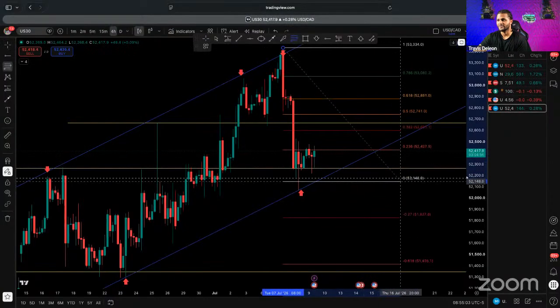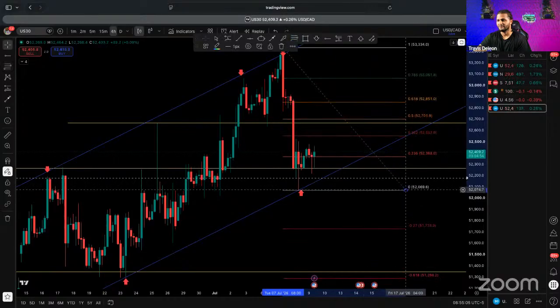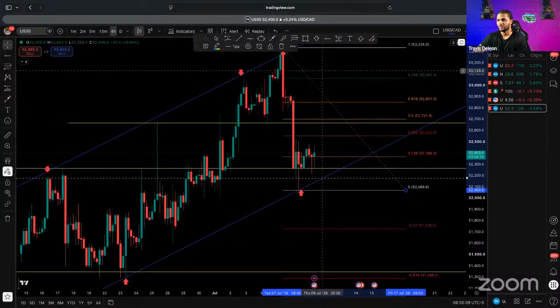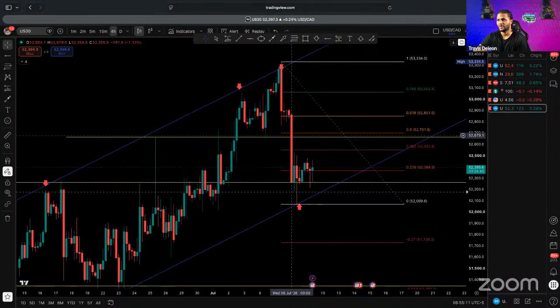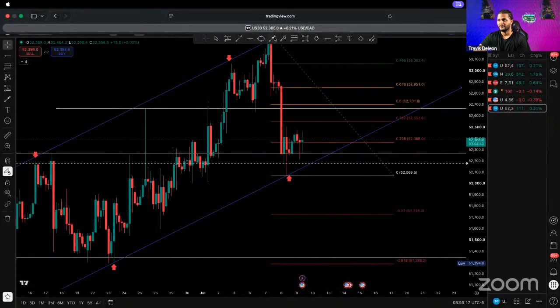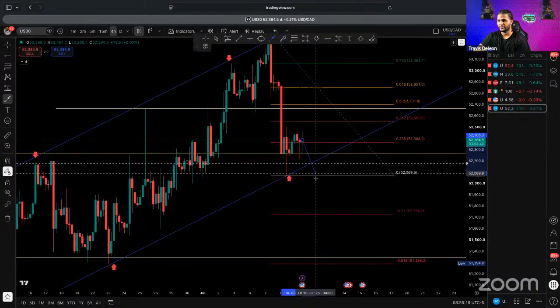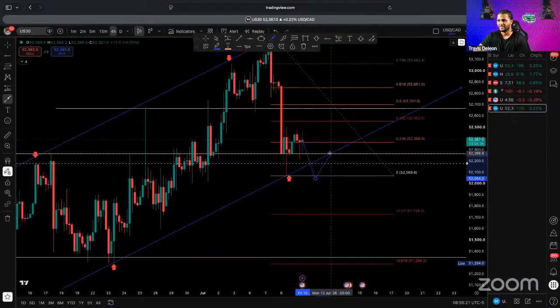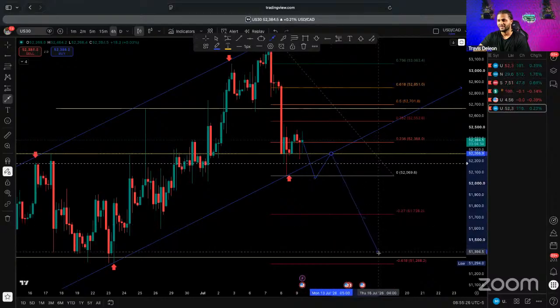I mean, we could use a fib and say price may come back into this daily supply and demand zone. So who knows? Let's see. I'm not looking for that right now. I'm looking for the breakout on a 4 hour time frame. Break under, close, come back and retest that 52,265 level and continue lower.